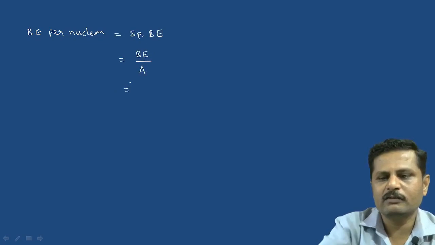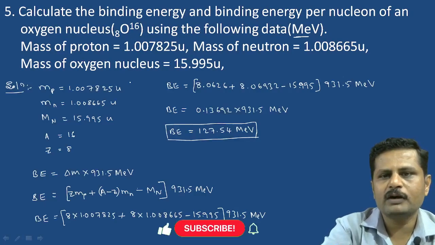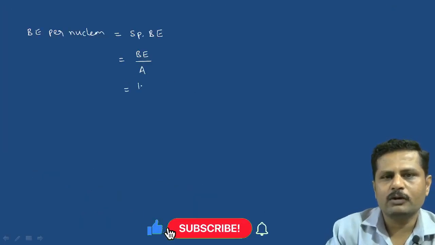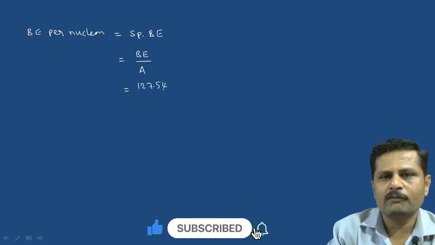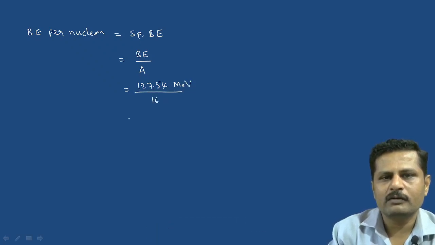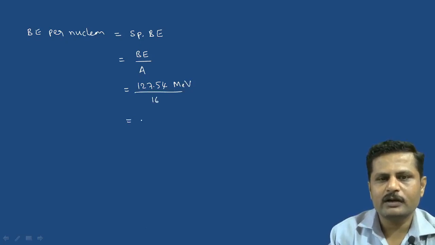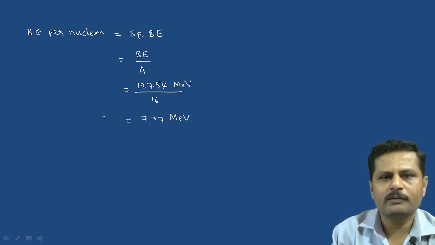The binding energy we just got is 127.54 MeV, divided by the mass number 16. We get 7.97 MeV. This is the binding energy per nucleon, that is BE divided by A.